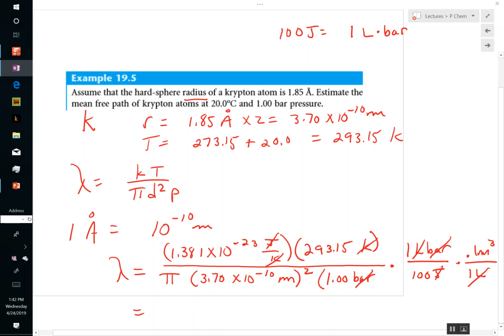What would we have left? We would have meters squared and meters cubed. Lambda will come out in meters. The only unit left is going to be meters. Let's crunch this out and see if we get the right answer.